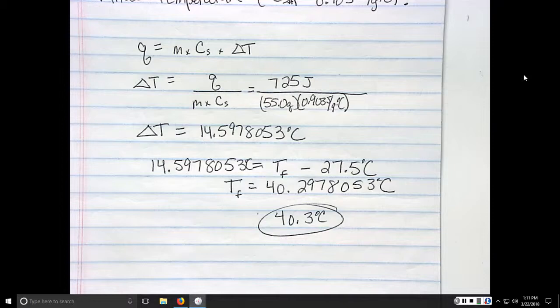We also know that if we rearrange this to solve for this, delta T is going to equal Q over that. Okay? We also know delta T equals T final minus T initial. We were given that. And this, we just solve for. So then, solve for T final.